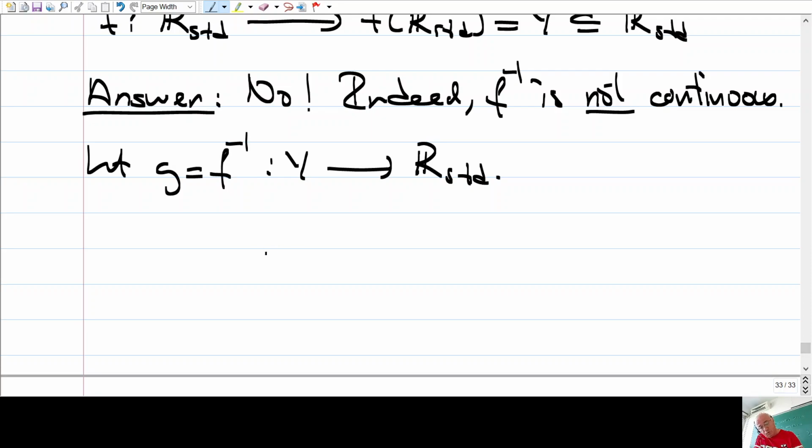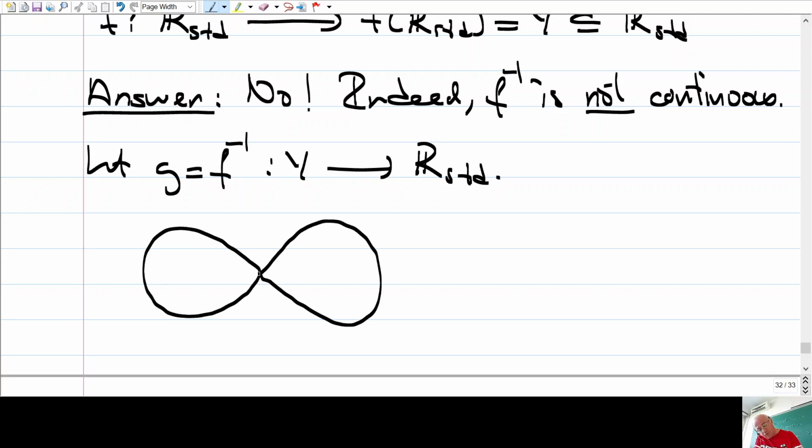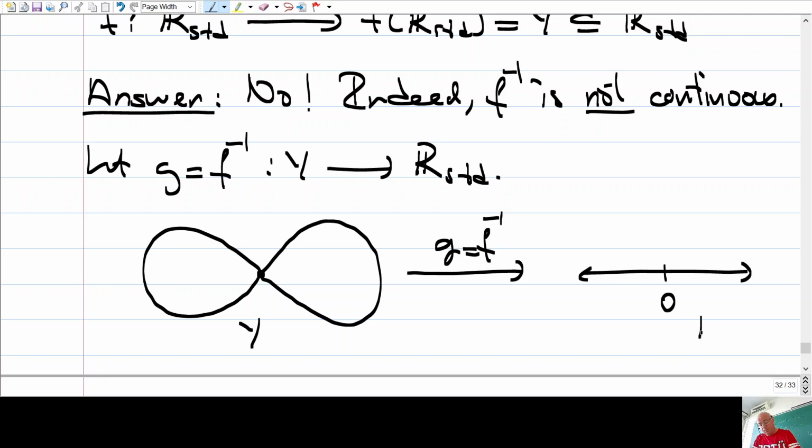Let's see why. So let me write figure 8 here. This is my Y inside R2, and I have g, which is f inverse, into R standard. And I claim this is not continuous.